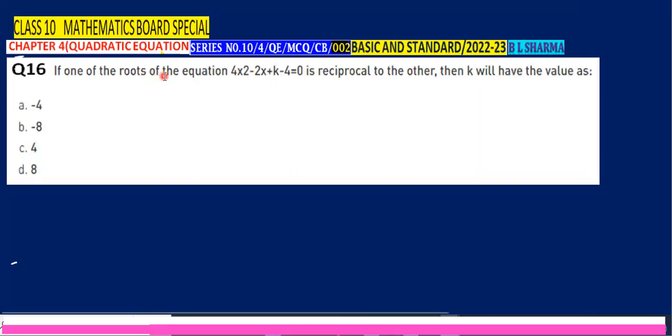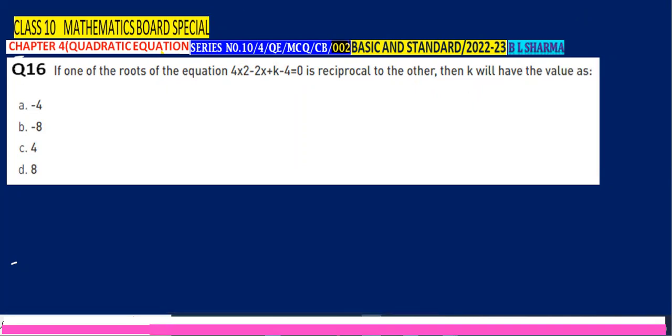If one of the roots of the equation, actually this is x square minus 2x plus k minus 4, is a reciprocal of the other, then k will have the value of? Okay, we can write it further.